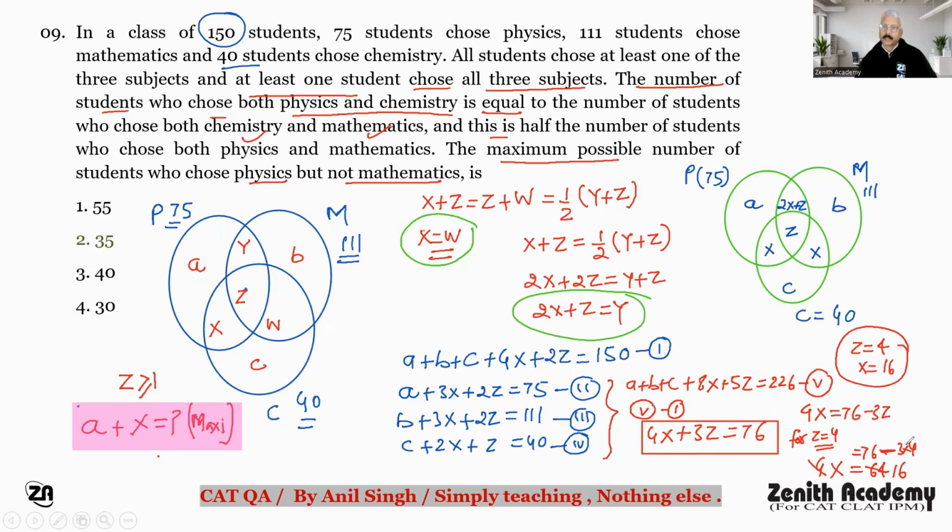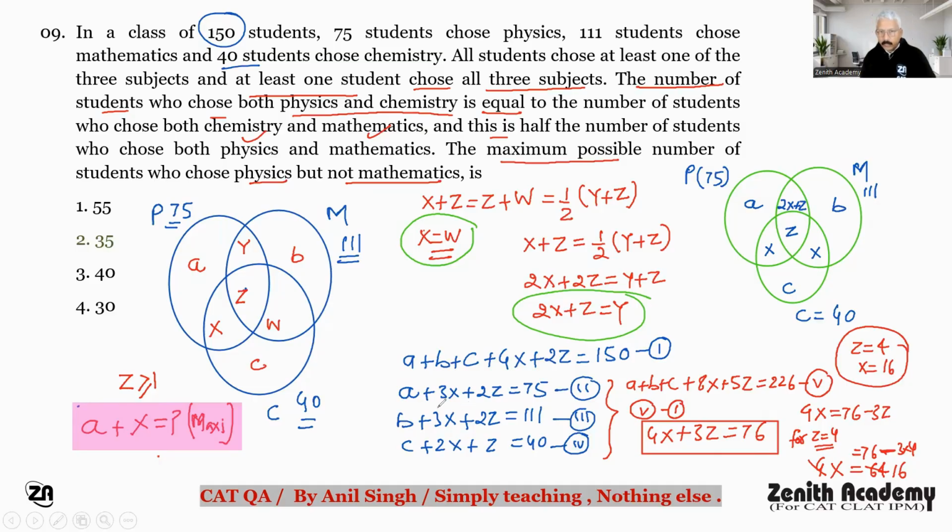So the minimum value of z possible is 4, and when we take z is equal to 4, then x is coming 16. So here a plus x is for getting a.